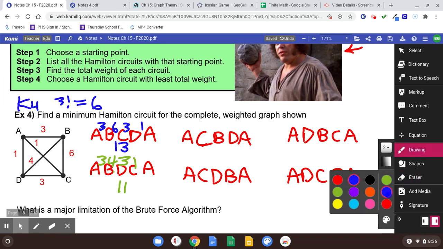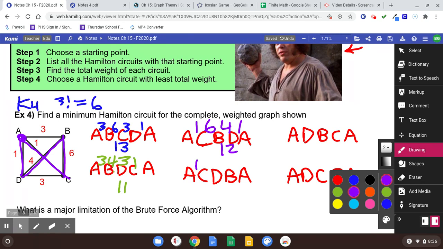So then start back at A. If I go from A to C, that's 1, and then if I go from C to B, that's 6, and B to D, that's 4, and back to A, that's 1. So that's a total weight of 12.